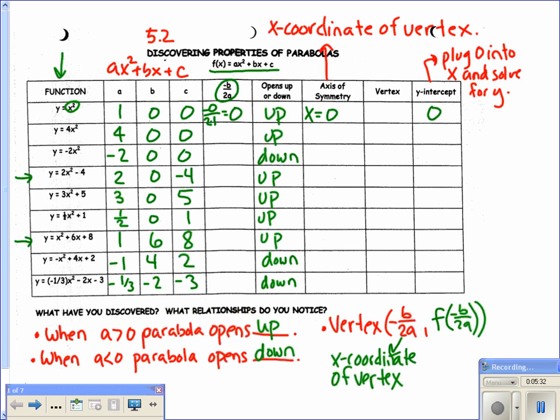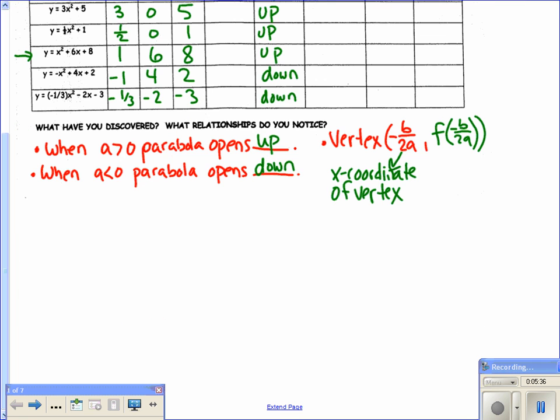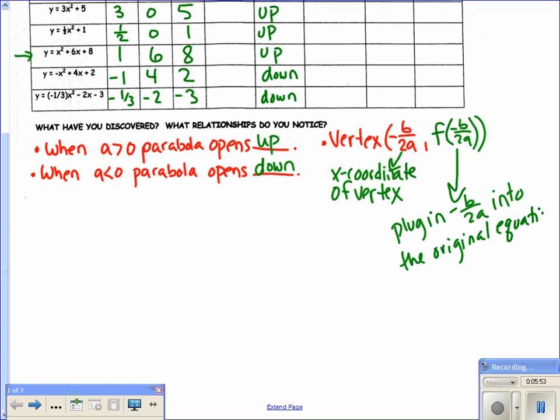So that means, again, that all we're doing is just plugging in negative b over 2a into the original equation and solving for y.